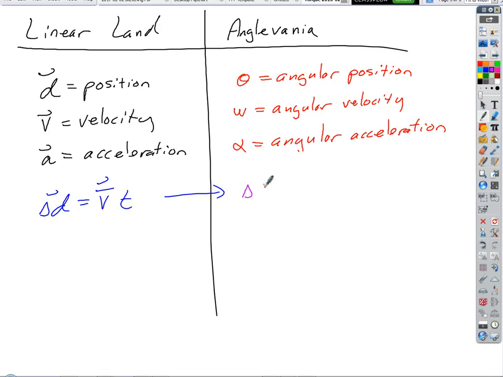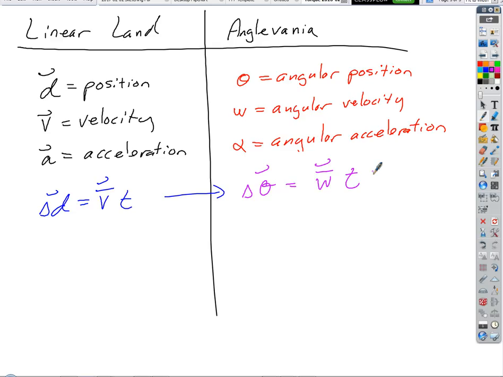Yeah, angular displacement, change in theta, equals average angular velocity times time. What do you know? They're exactly the same. All of those would be, in fact.